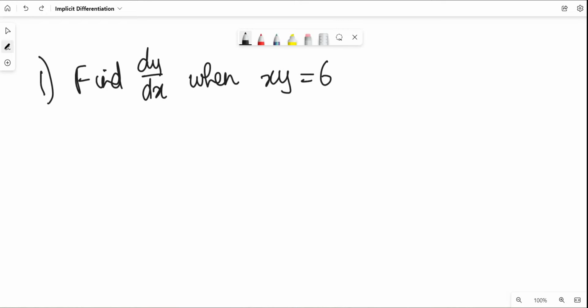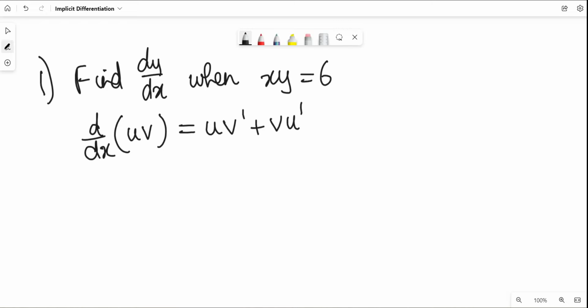So we use implicit differentiation. Remember the product rule: when you differentiate uv, you get uv dash plus vu dash, as I derived in my other video.